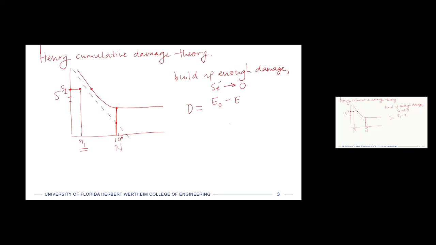Then E is our modified endurance limit, normalized by E naught. So in this case, D is damage, we already knew that. E naught is our original endurance limit, or in some cases, the original fatigue strength at some high number of cycles for a non-ferrous alloy. And then E is our modified endurance limit.